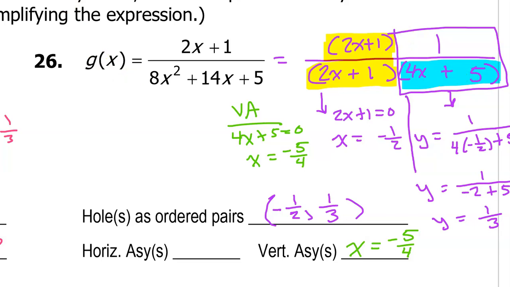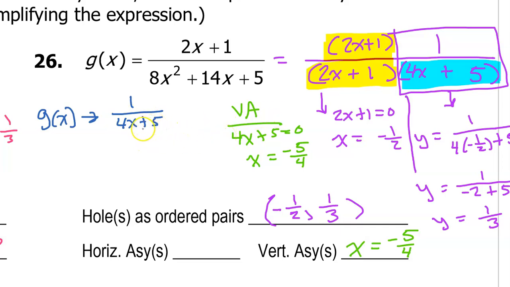And for the end behavior, you can definitely use the surviving part of the function after you cancel out the factor that leads to the hole. So for the end behavior, g of x is going to be approaching 1 over 4x plus 5.